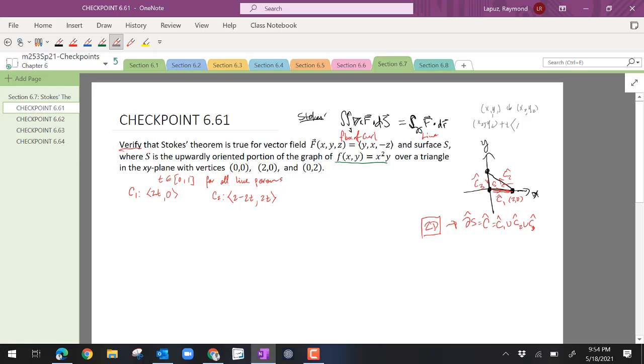So it's going to be x2 minus x1 comma y2 minus y1. And the parameterization for this will be 0 to 1.